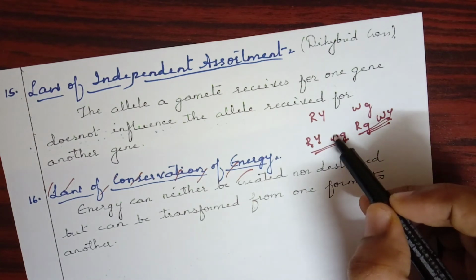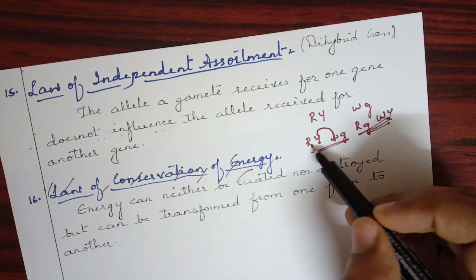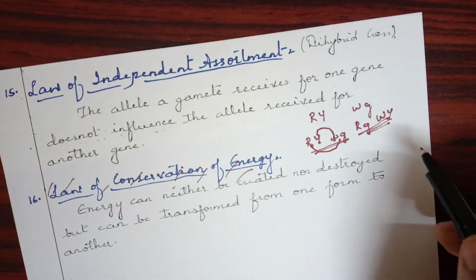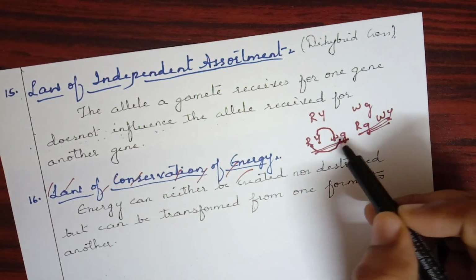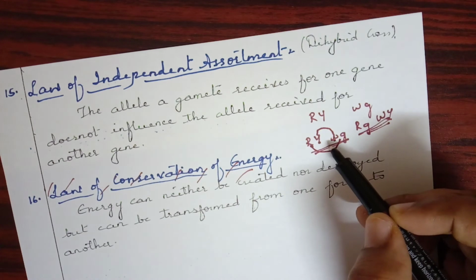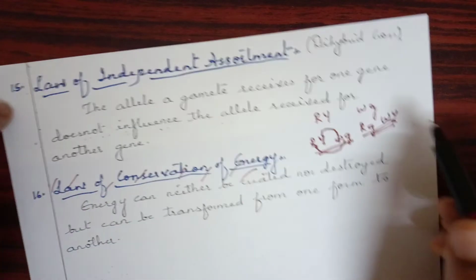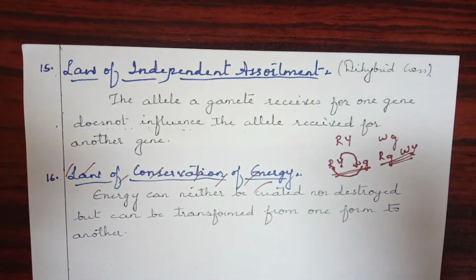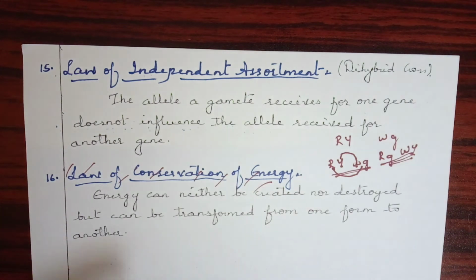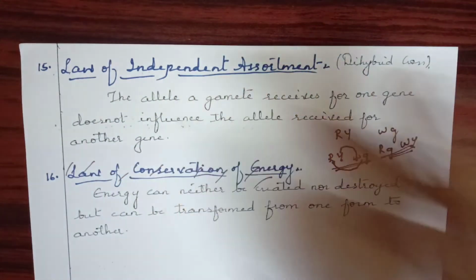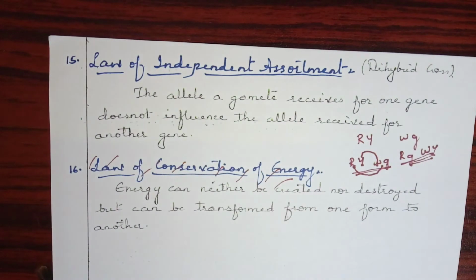That is the reason why wrinkled can come together with yellow, whereas round can come together with green. They are not connected to one another, they are independent. That is what is explained in independent assortment. So if they ask you in dihybrid cross why you are getting a new combination, you can go for writing the law of independent assortment.